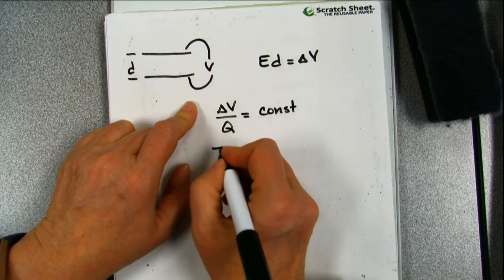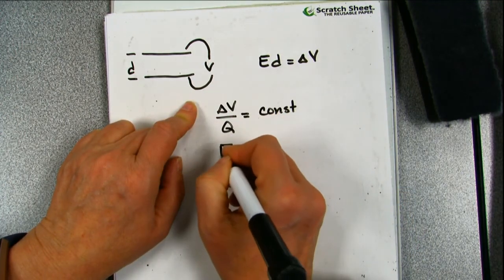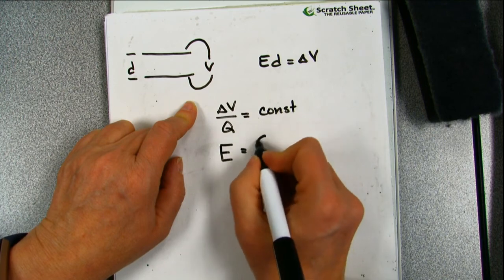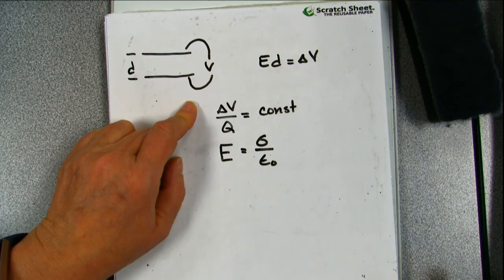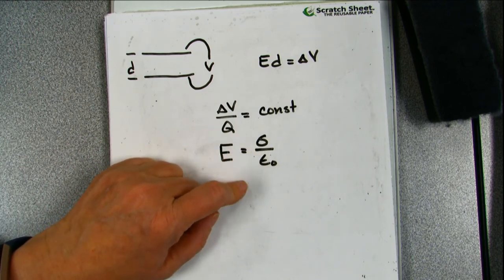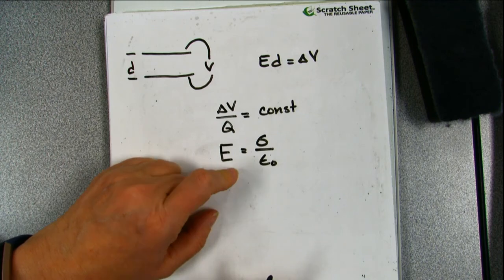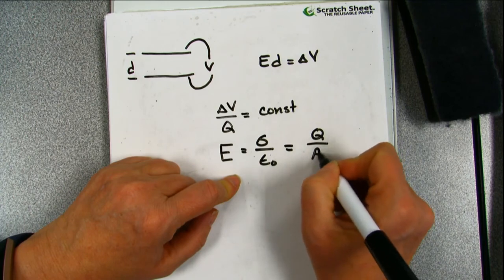We also saw previously, as an example problem for two parallel plates using Gauss's law, which is the whole point of what we try to get to so that we can start explaining how these devices work, that the electric field is my surface charge density divided by the permittivity of free space. And we know that my surface charge density is really the charge per unit area.